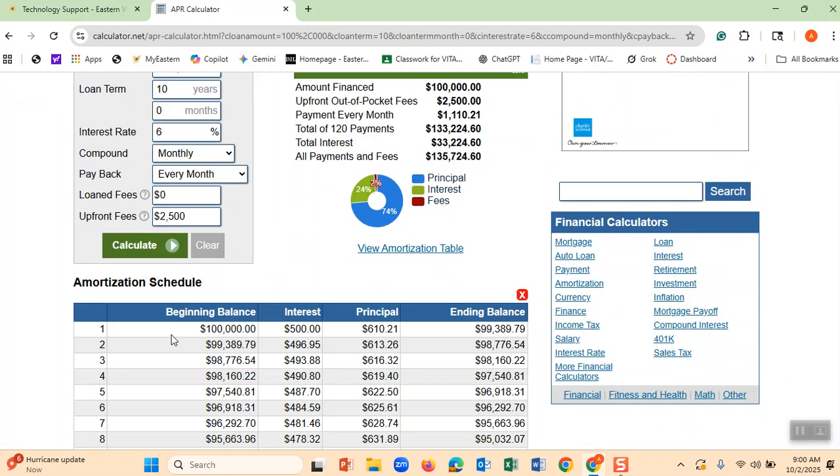That way you will see that when you borrow $100,000, and you pay your first payment of $1,110, out of that, $500 of it goes for the interest, $610 goes for principal, and then that reduces your $100,000 to $99,000, which means if at the end of the year you want to pay off the bank, that will be the balance.